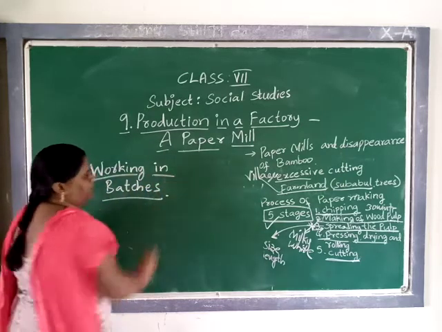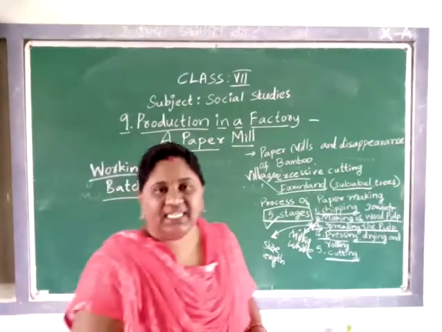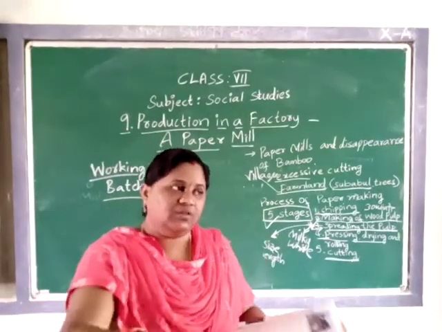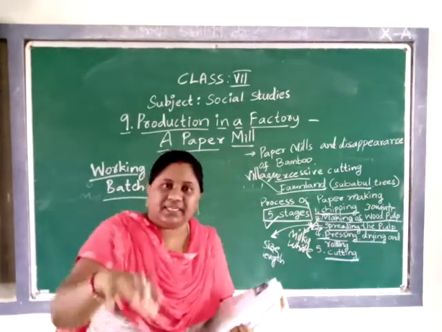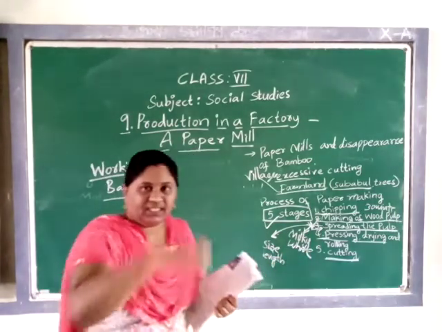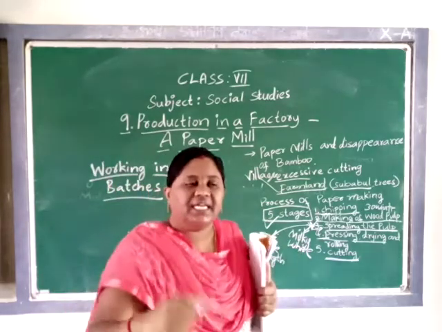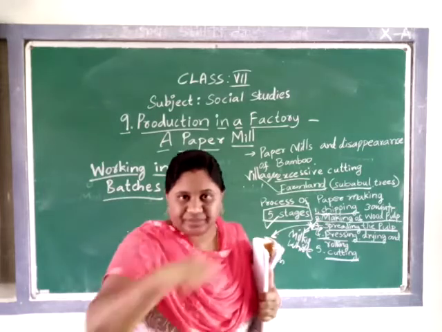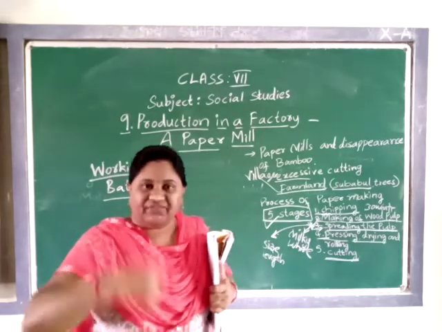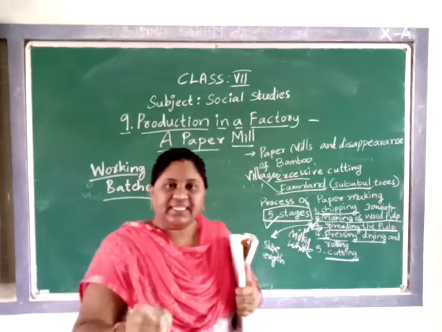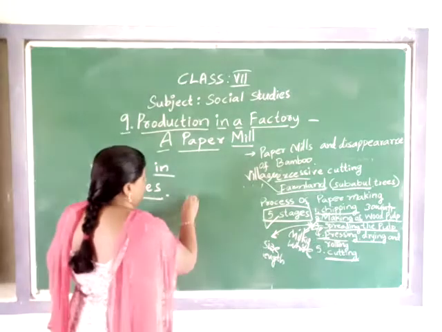So in this paper mill, how it works: as we see, from the crane, the lorry-loaded trees will be passed to the factory. Yes or no? The total of whatever the lorry carried as raw material, right, when it is passing onto the conveyor belt, at that time they give a number for that lorry load.